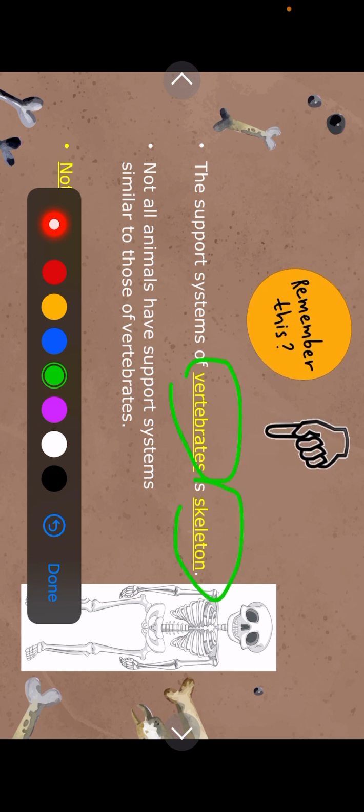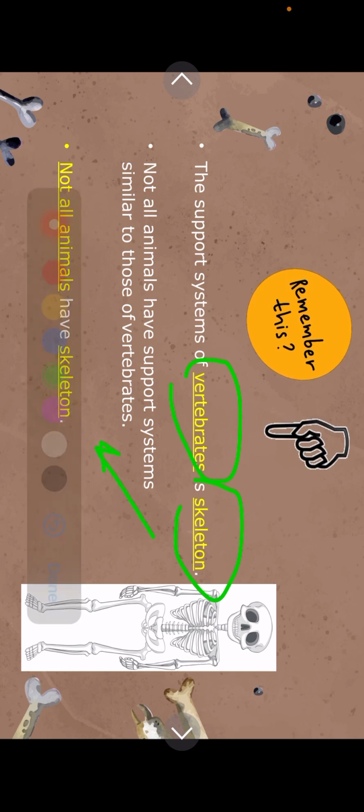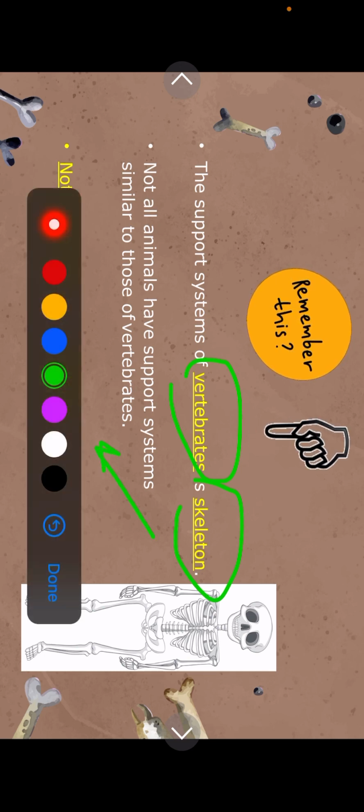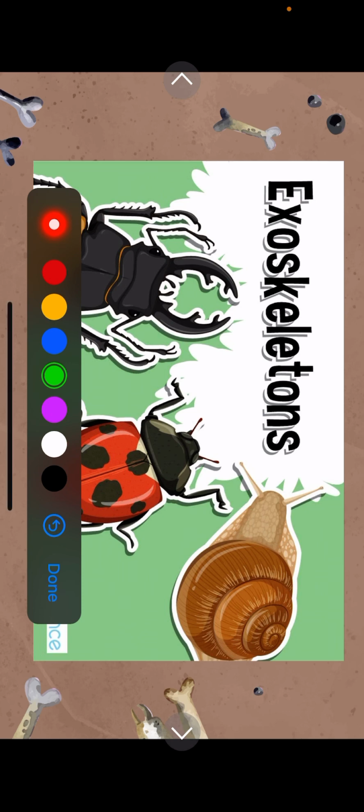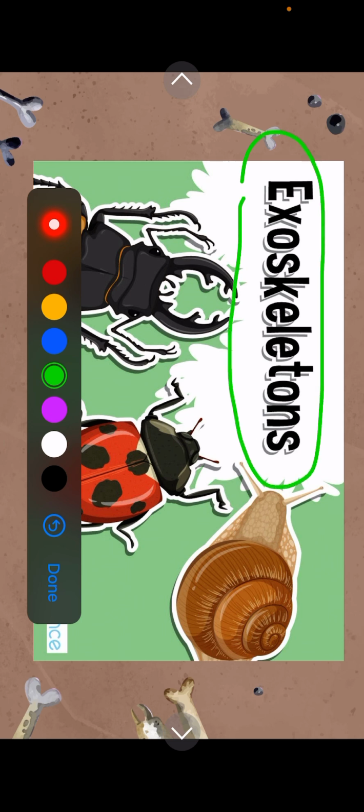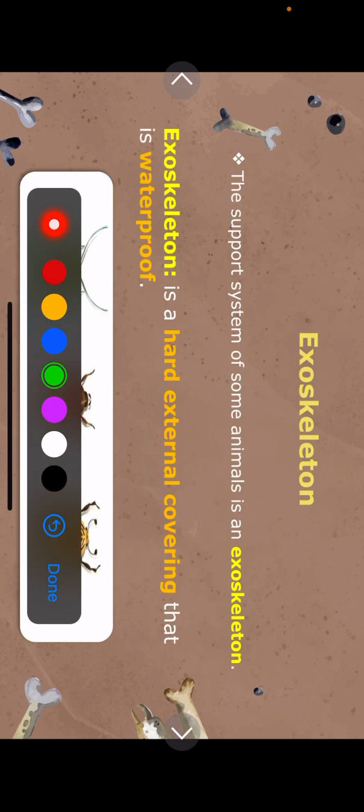Not all the animals have support systems similar to those of vertebrates. So not all the animals have a skeleton. So we have other animals that have another thing called an exoskeleton. The exoskeleton is the support system of some animals.